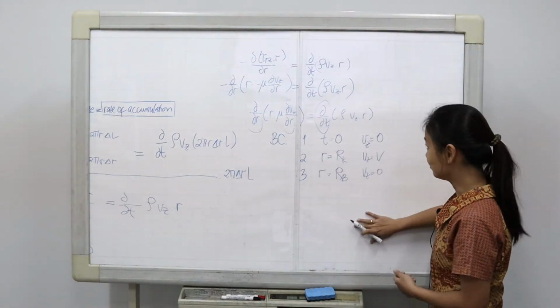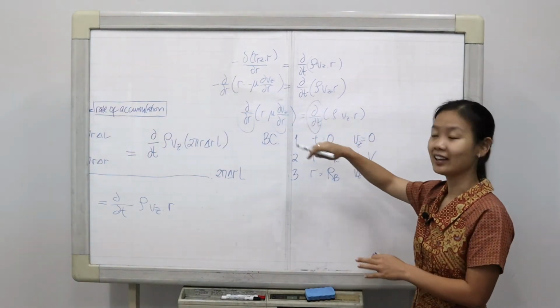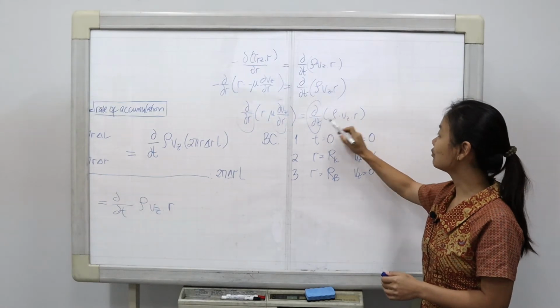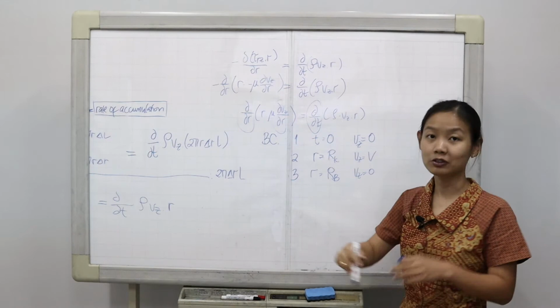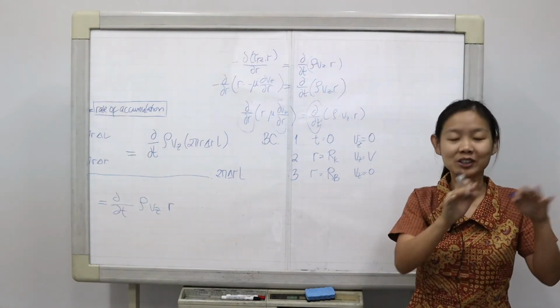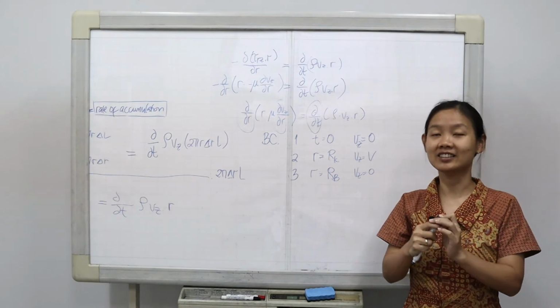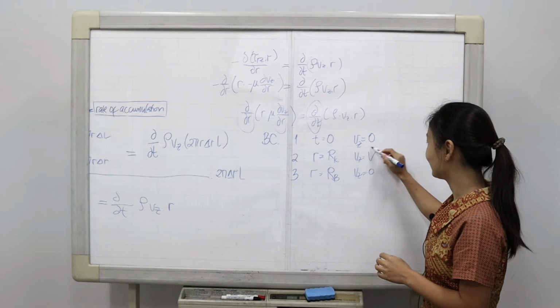Okay. So, let's look at this equation. This equation says that the change of something over t. If you have change of something over t, it means that your boundary condition should be at t equal to something. Velocity is something.